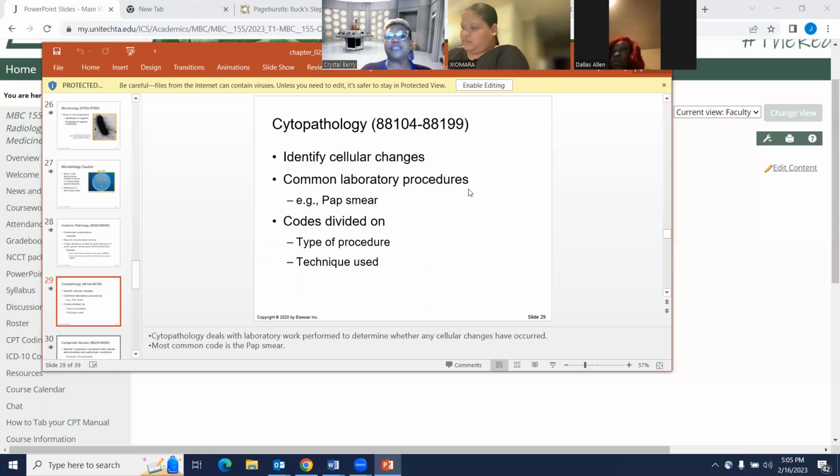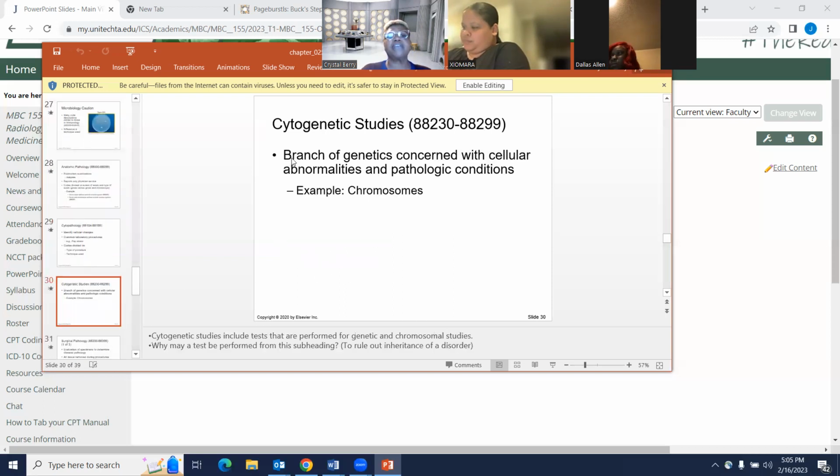Common laboratory procedures. Examples, pap smear. Codes divided on types of procedure. Technique used. Cytogenetic studies. Branch of genetics concerned with cellular abnormalities and pathologic conditions. Example, chromosomes.